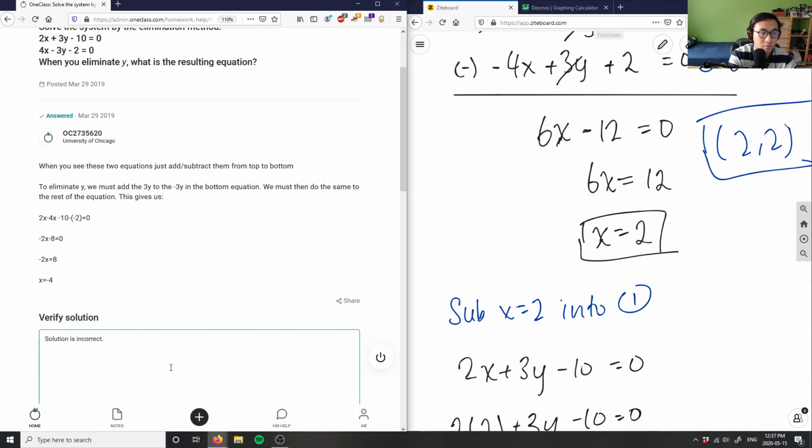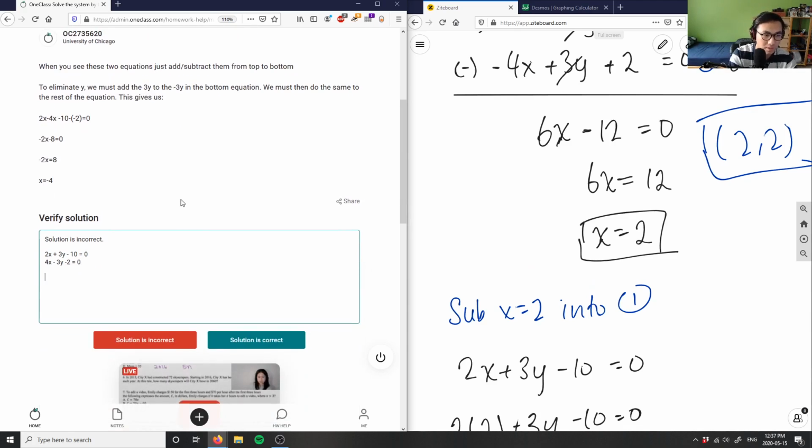So I will have 2x plus 3y minus 10 here equals 0, and I have 4x minus 3y minus 2 here equals 0. So I'm going to say here, in order to eliminate y, we must multiply equation 2 by -1 to turn -3y into +3y.